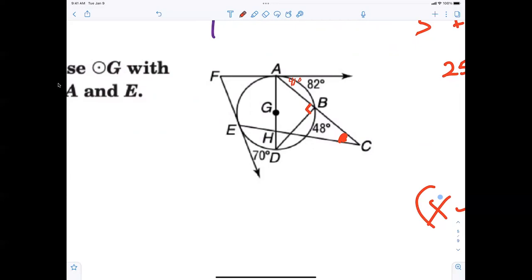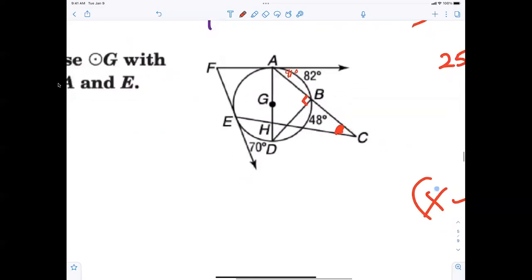And this arc again, I'm looking at 82. So does everybody agree this would be 41 degrees right here? Because that's half of 82. Which forces this angle right here to be 49 degrees.